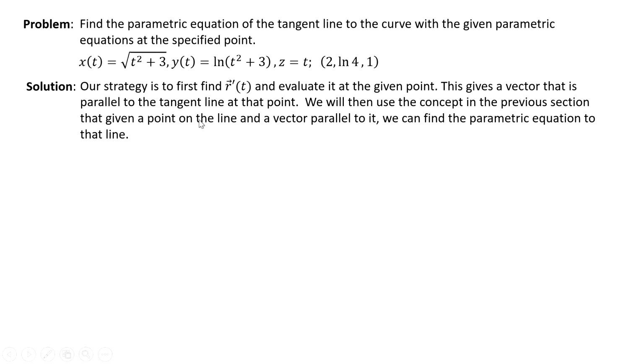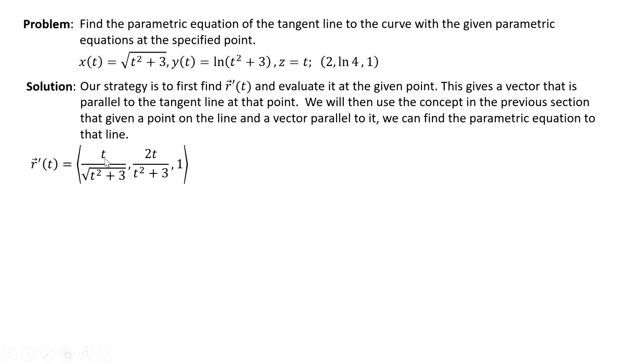Do we know a point on the line? Yeah, this 2, natural log of 4, 1, that is the point. So we're done. The only thing is we need a vector parallel to that line. And that's exactly what we are going to do by finding r prime of t and evaluating it at this point. Cool? Just allow that whole thought to sink in.